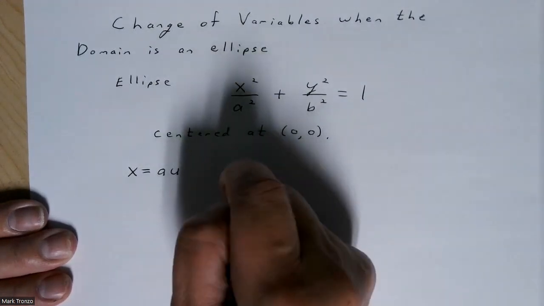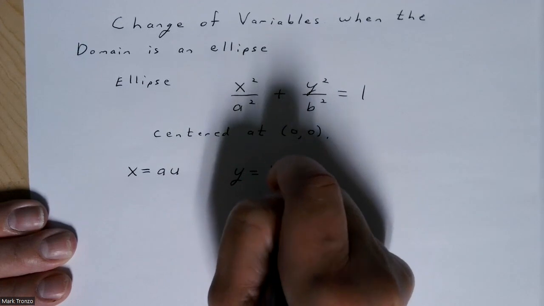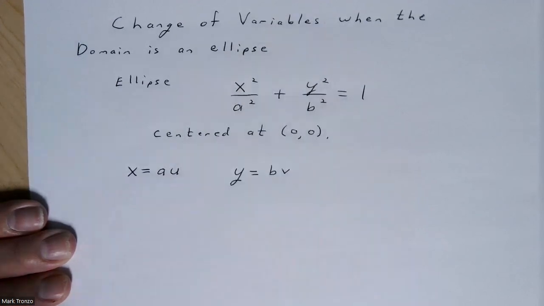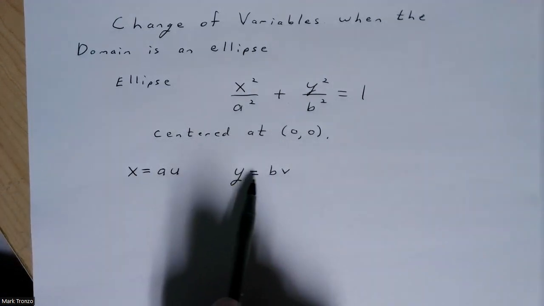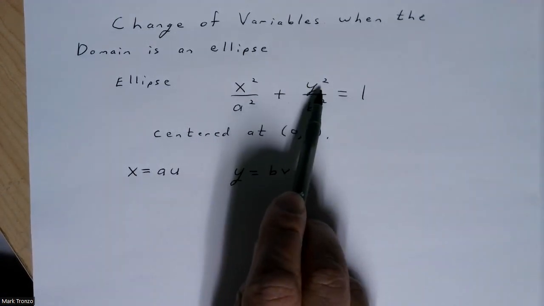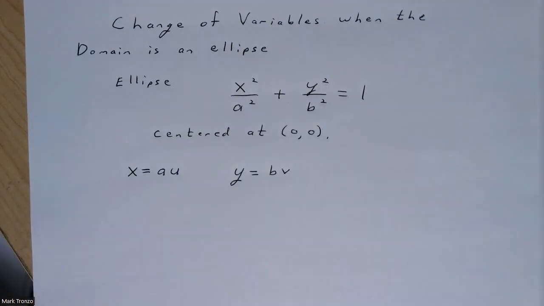Same with the y. Let's say if we made a substitution like this. And again, when we put these values in for y, the b gets squared, and those will cancel.